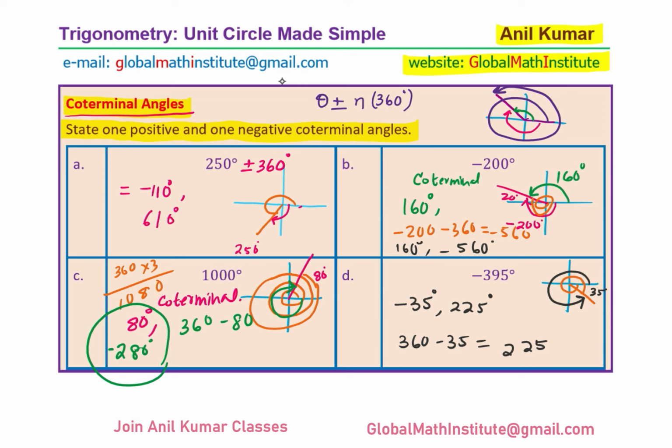It has to be more than 270. Let me rewrite this. So that is shown counterclockwise, 325 degrees. You get the sense, right? So we have actually found the coterminal angles for all these angles. I hope the concept is clear.